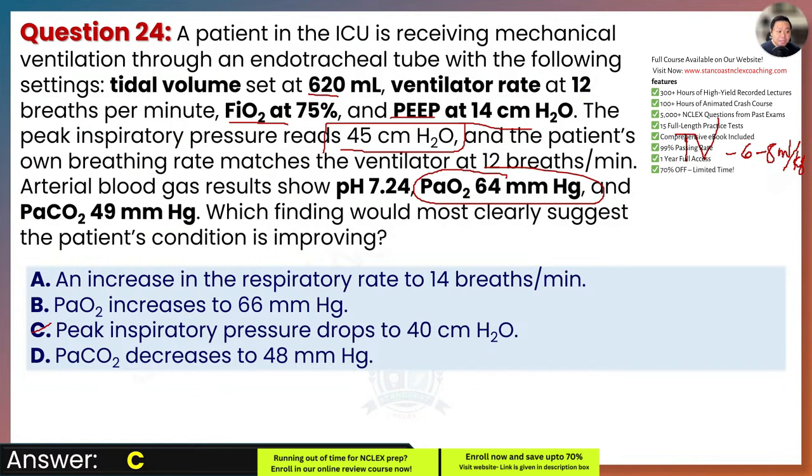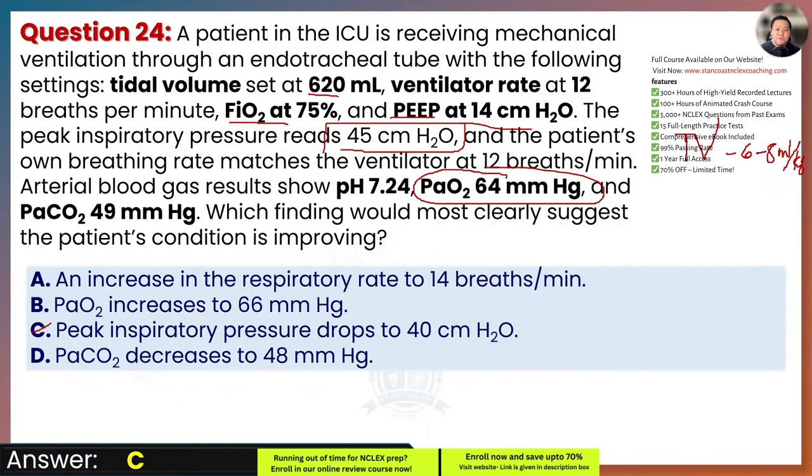Now, what about letter B? Partial pressure of O2 increases to 66%. Well, this is actually a slight increase from 64, right? While any increase in the oxygenation is usually a good sign, this is a small change and it doesn't really reflect a meaningful improvement in the patient.